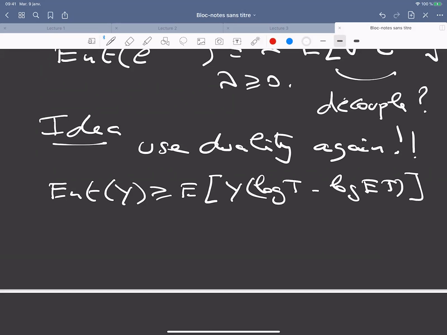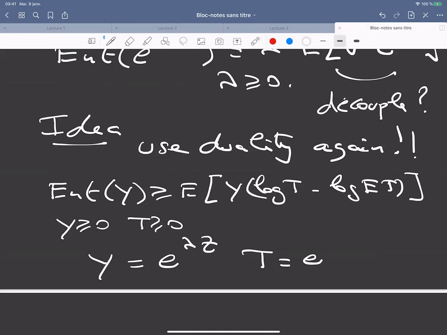Actually, in the spirit of the duality, this is true for all integrable and non-negative variables y and t. And we use it with y equal exponential of lambda z and t equal to exponential of lambda v plus over theta.